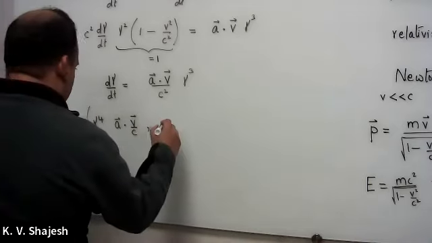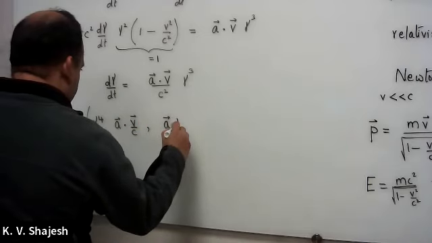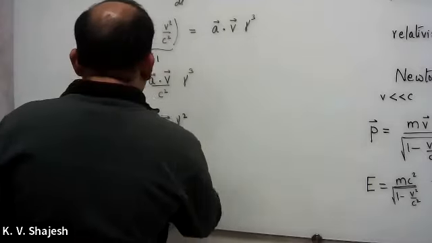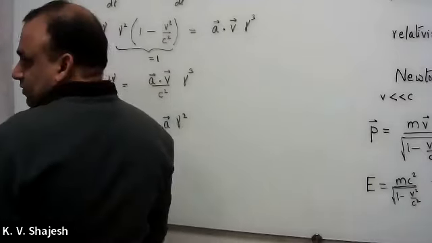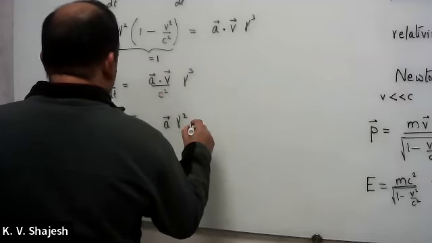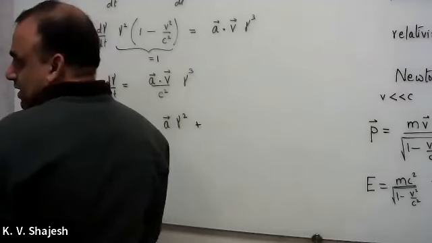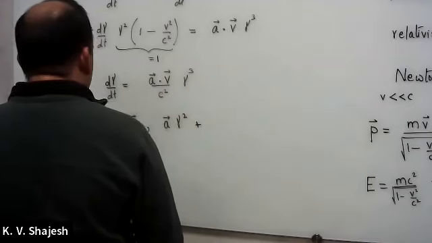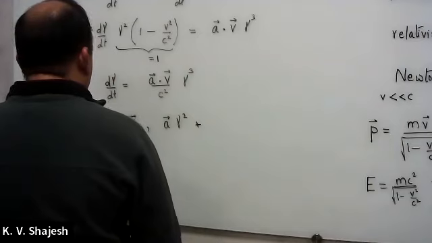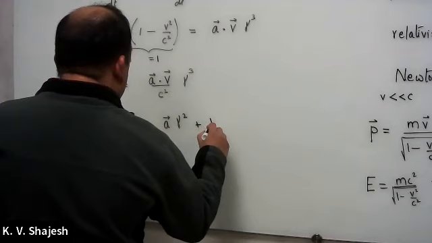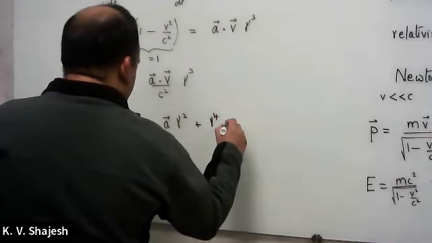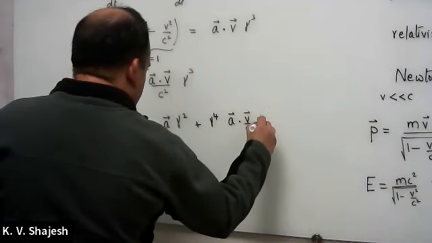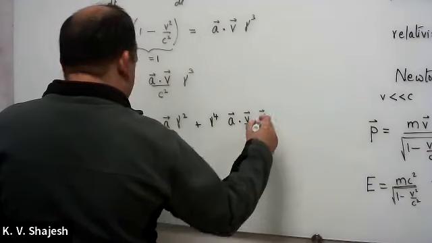And the next piece is A multiplied by gamma squared, and we have V. So it's plus gamma times this. So this is gamma raised to 4 by gamma times that. So it is gamma raised to 4 times A dotted with V over C and V over C.